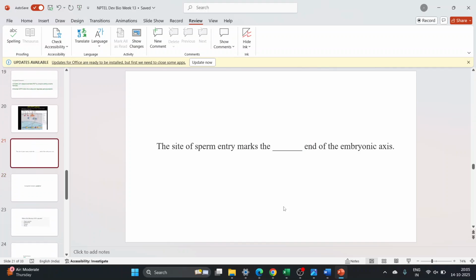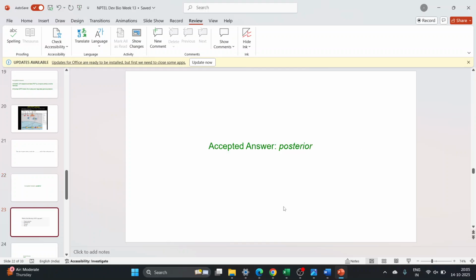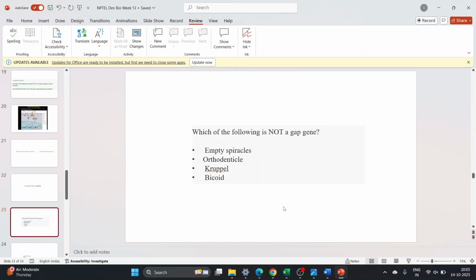Then the site of sperm entry, it is the posterior site. So sperm always enters at the posterior end of the embryonic axis. And then the difference between the gap genes and the maternal genes, that we also discussed. So bicoid is an example of a maternal effect gene.